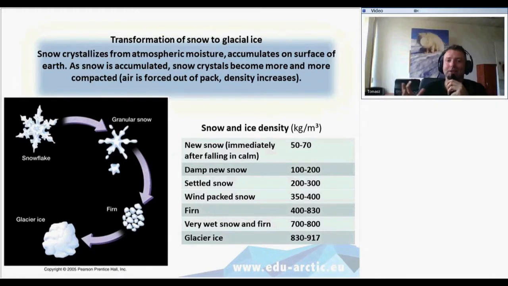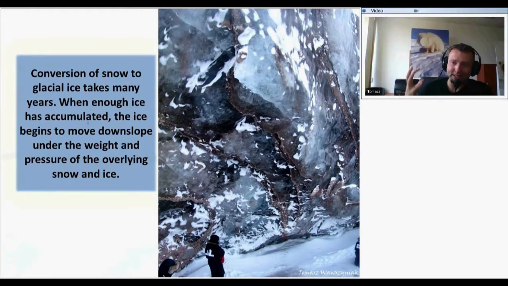A cubic meter of water is 1 ton, 1,000 kilograms. Glacier ice is between 830 and 917, or a little more, in density. So the density of ice is pretty high. There's not that much air as in fresh snowflakes.